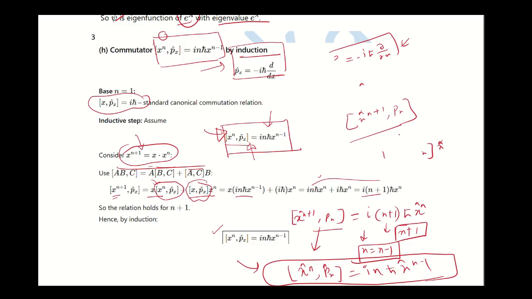We find its commutator value with respect to p, and after getting the result we reduce the power n plus 1 by 1 unit, that is n minus 1 plus 1, that is n. That's why it is called the induction method.